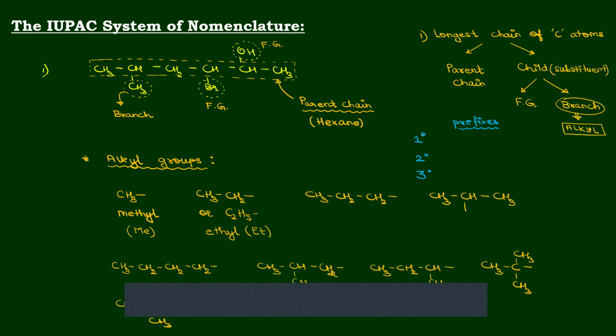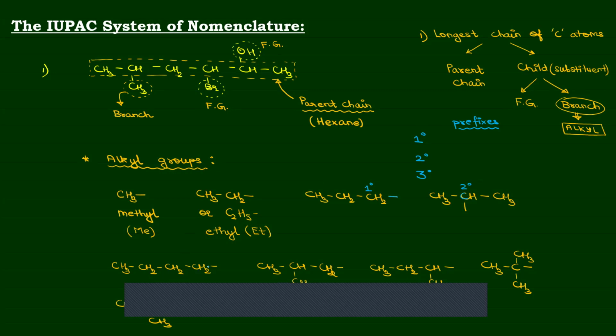A primary carbon is that carbon which is attached to only one carbon. Secondary, attached to two carbons. Tertiary, attached to three carbons. So, if I observe the first propyl radical, this radical carbon is attached to how many carbons directly? One. So, as per definition, this is my primary carbon. Next, this CH carbon is attached to two carbons, so it will be secondary.